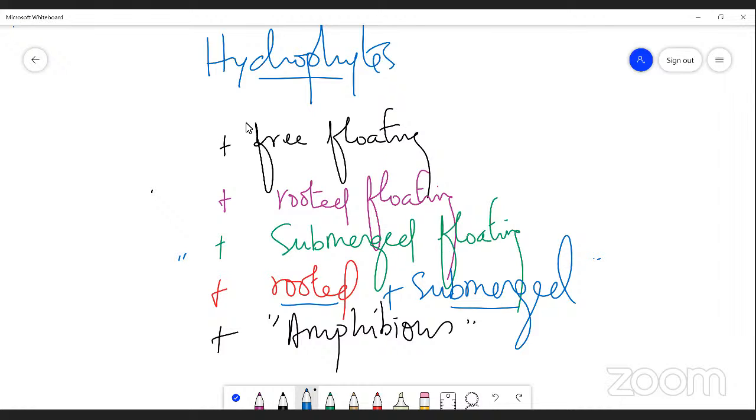The last category is amphibious. Dear students, could you tell me what is amphibious? The root is fixed in the soil and the leaves and flowers are floating on the surface of the water. Have you seen this? This is called amphibious.